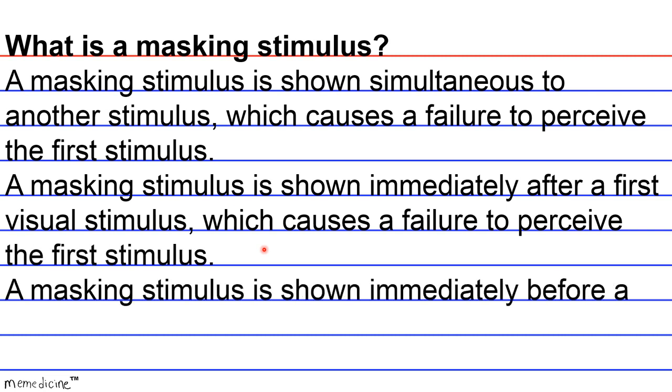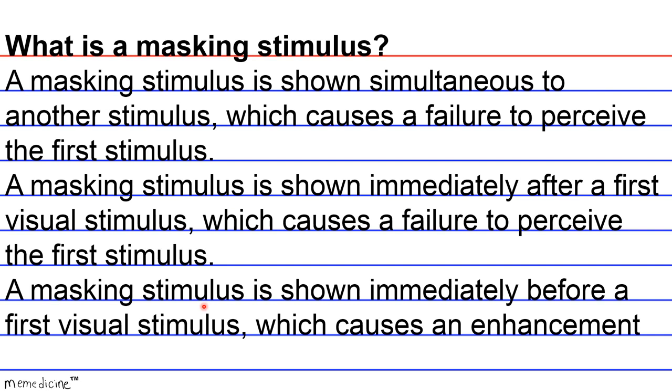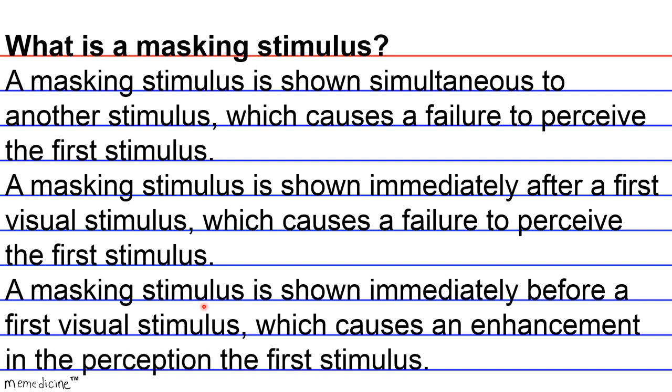Or is it C, a masking stimulus is shown immediately before a first visual stimulus, which causes an enhancement in the perception of the first stimulus? So definitely press pause if you need to.